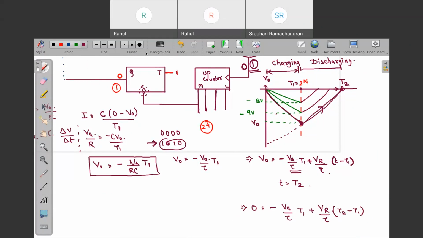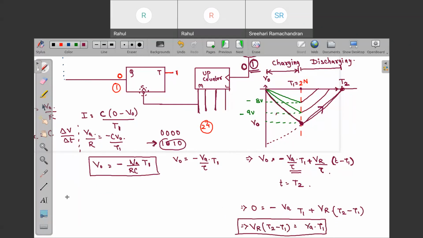So tau tau will be cancelled. You can remove it. So what you get? Vr t2 minus t1 is equal to Va into t1. Now this is the most important result that we have.